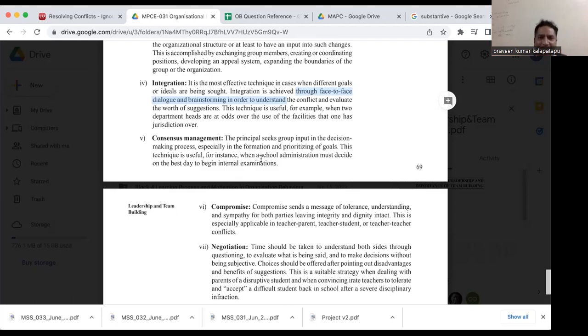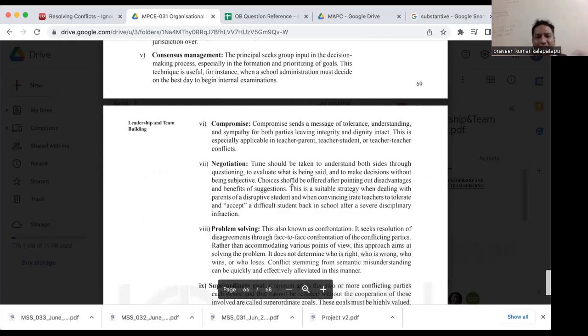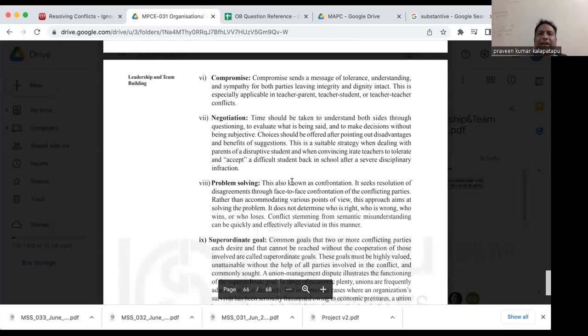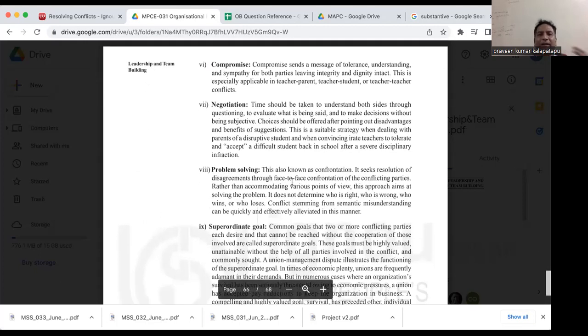It is more of a democratic process. You take the group, collect opinions, and come to a common consensus, which is what the majority agreed on.